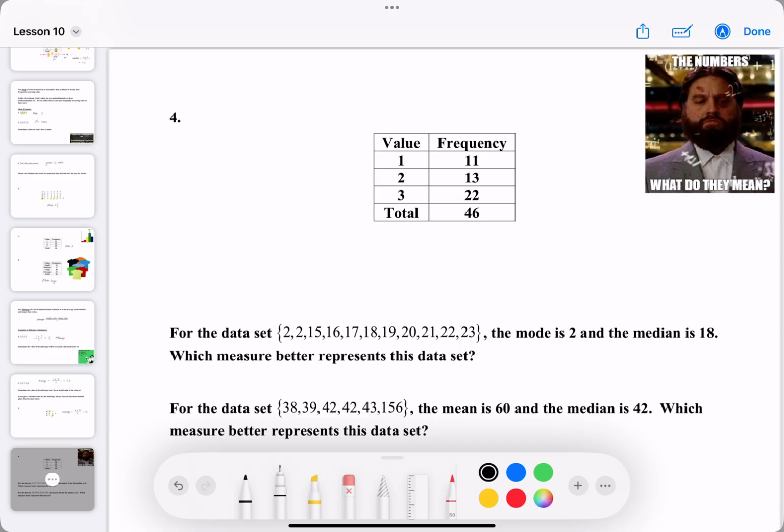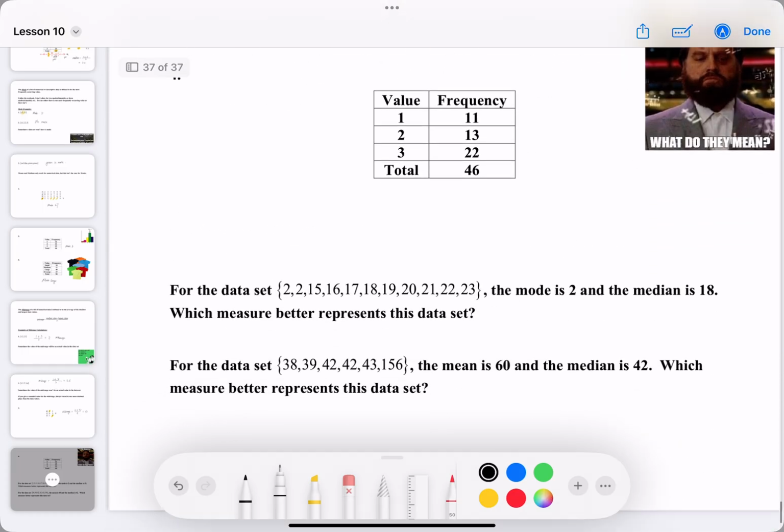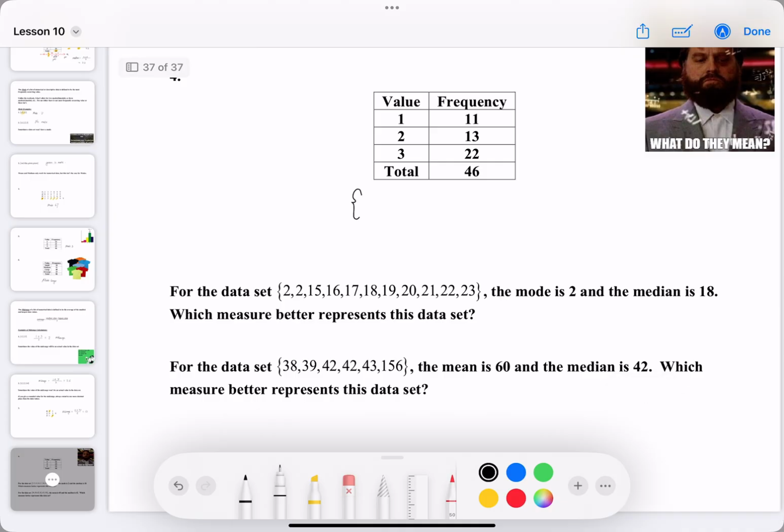We have a frequency table, and we need to find the mid-range. What is the smallest value? We can list them in set notation: 1, 1, 1, so many ones. We have 11 ones. And we have 2, 2, 2, so many 2s. We have 13 2s.